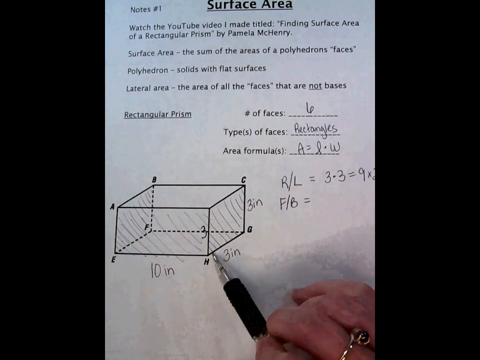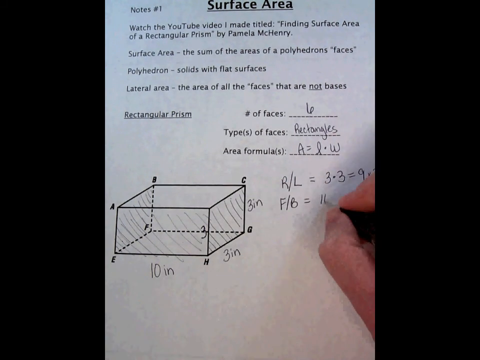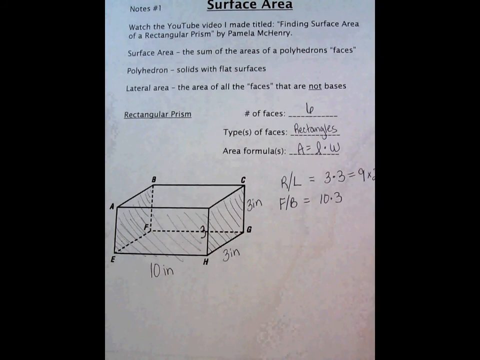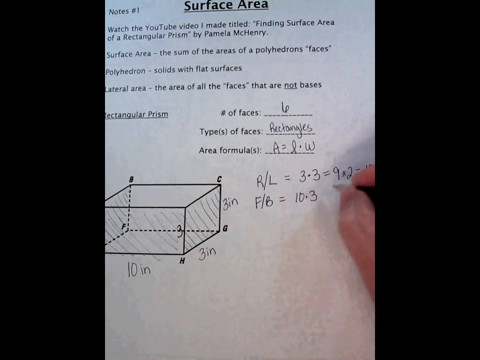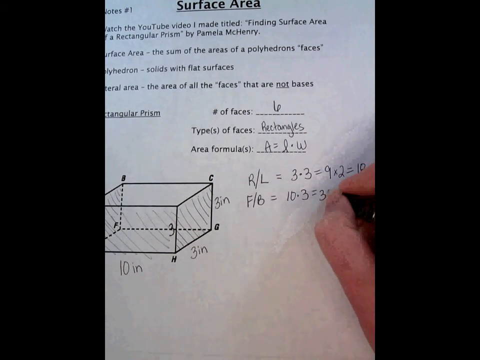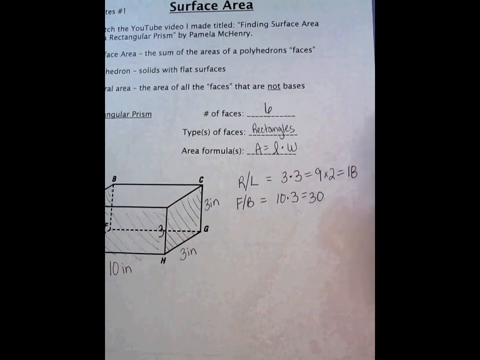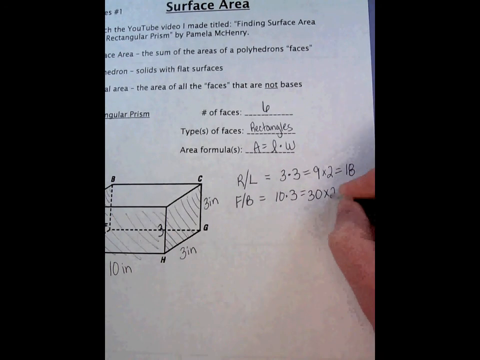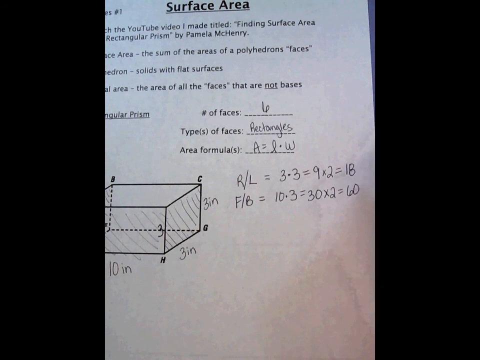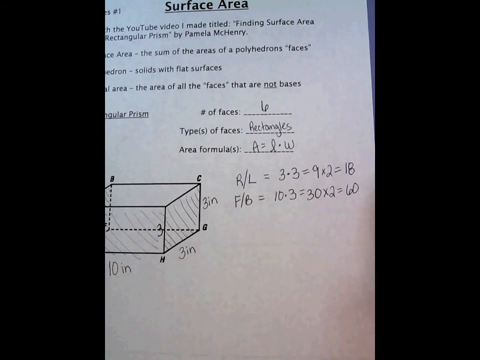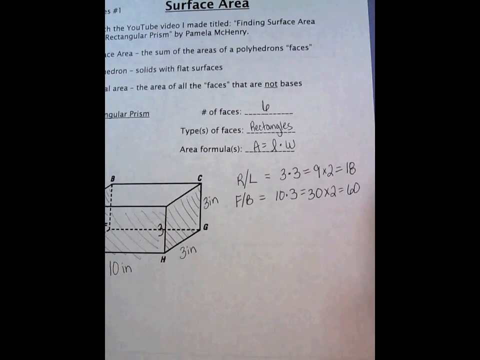So 10 by 3 will give us 30. But again, there's a front and a back, so we need to multiply that by 2. And so that is 60 square inches for our front and our back all together.